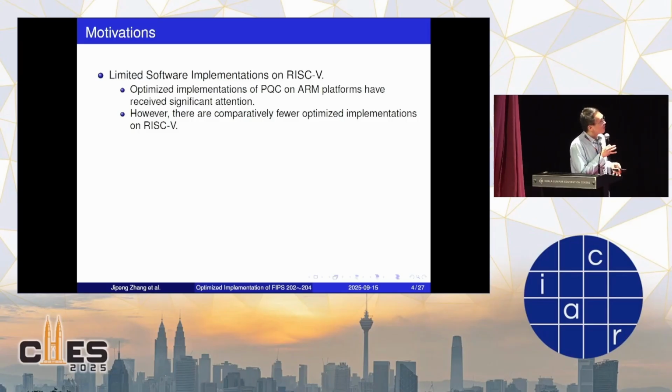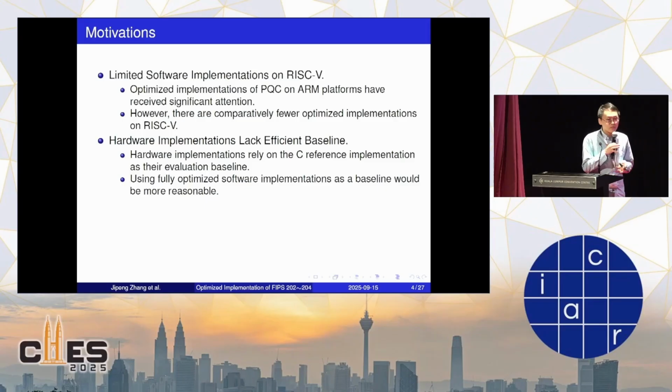The first, although optimized implementations of PQC on ARM platforms have received significant attention, that on RISC-V is limited. The second, hardware implementations rely on the C reference implementation as their baseline. So we think using the fully optimized software implementation as their baseline would be more reasonable.